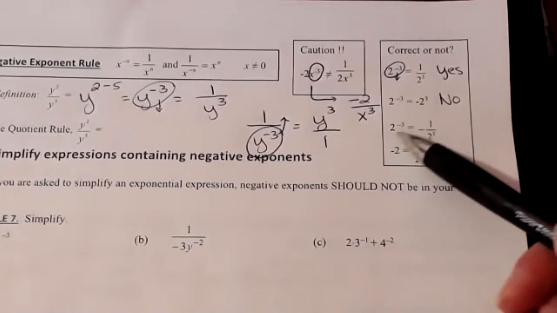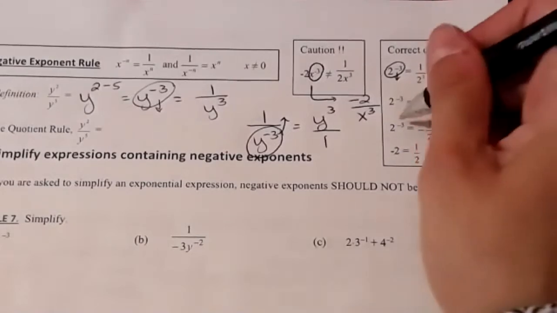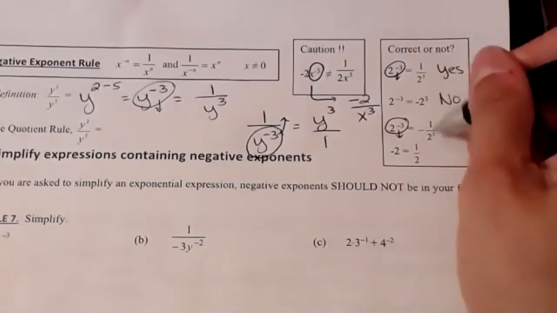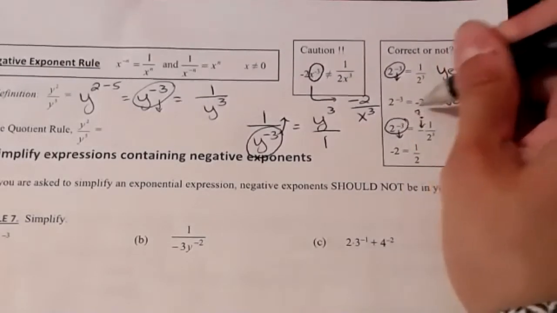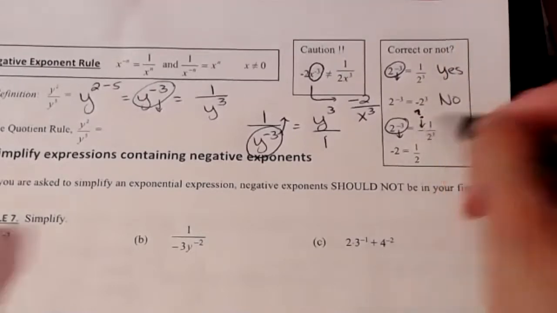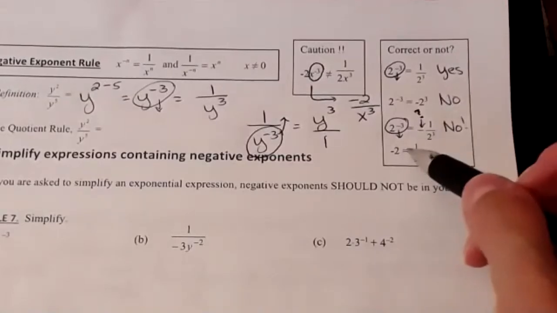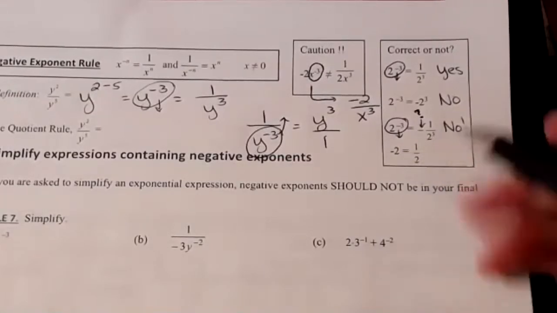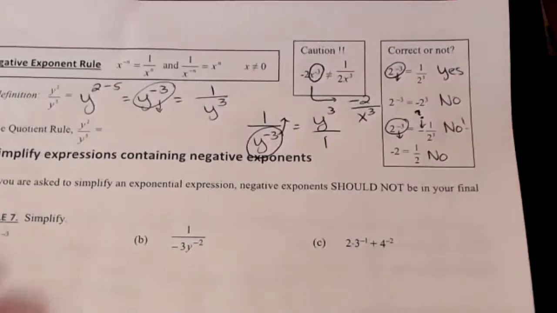Yes or no on my third expression? No. So yes to moving that 2 to the third to the bottom, but where did this negative come from? That makes no sense. And of course, negative 2 is not the same as 1/2. No, never.